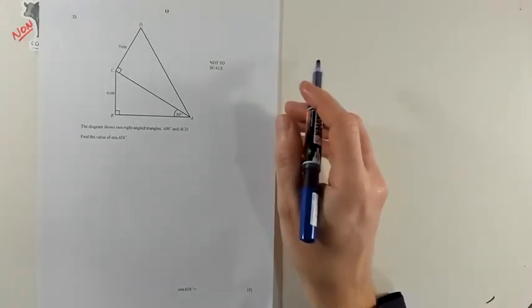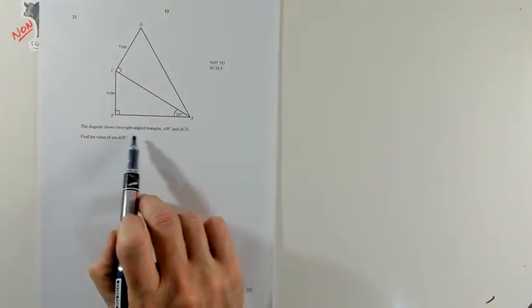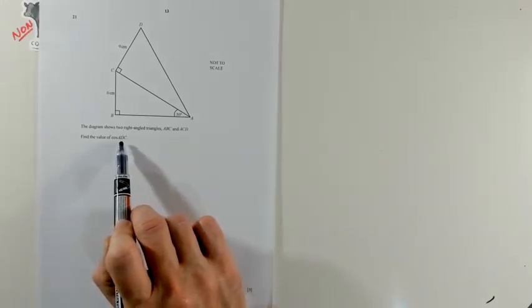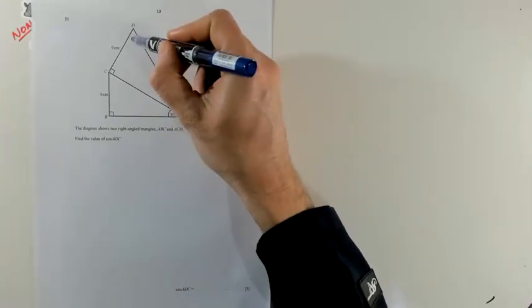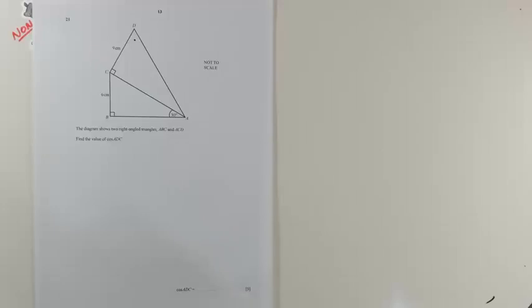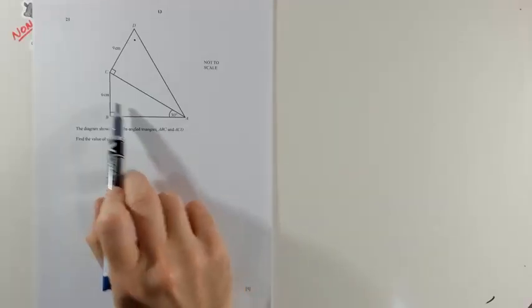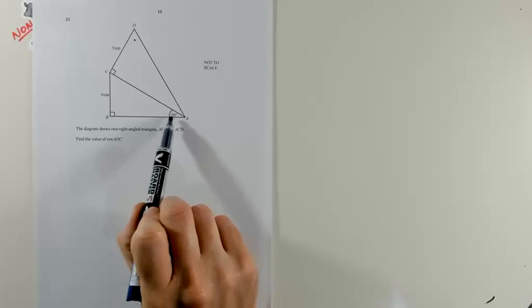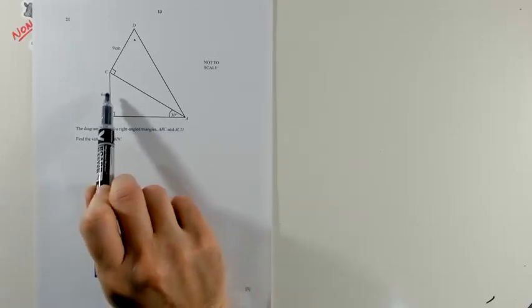Hope it's not too tough. The diagram shows 2 right-angled triangles, and we need to find the value of cosine ADC. So ADC, that's the angle we need. I'm going to start with the triangle that I have the most information about. So this one. So this is opposite and that's adjacent.